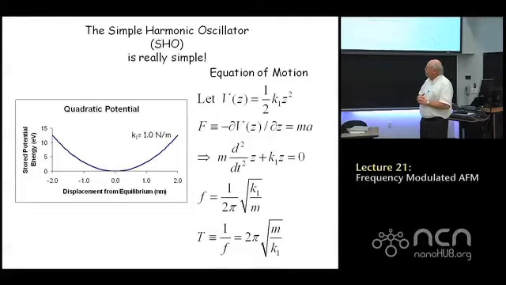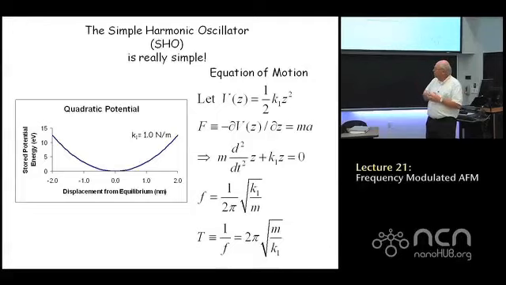And I think all of you know from the earlier lectures that the frequency of oscillation back and forth in that well is just proportional to the square root of the spring constant k divided by the mass of the particle that oscillates in that well, right? You can define another parameter called the period of oscillation. That's the amount of time it takes for the particle or for the cantilever to go through one complete cycle of motion.